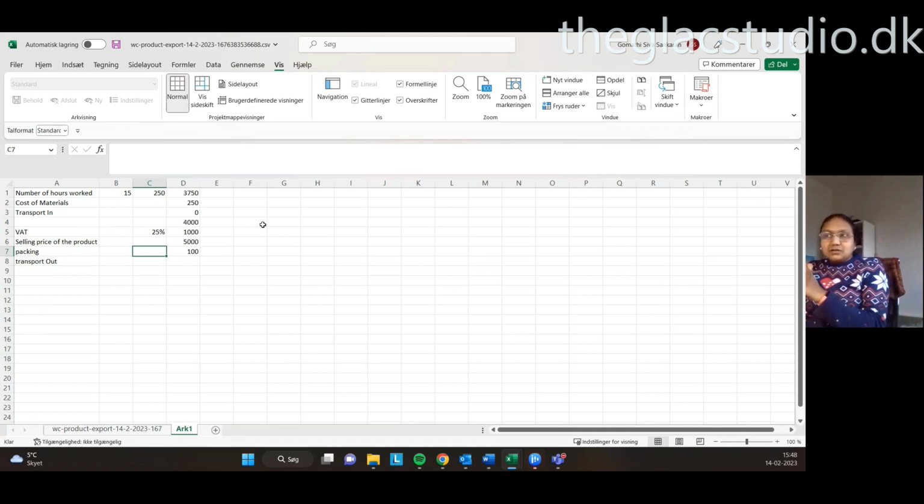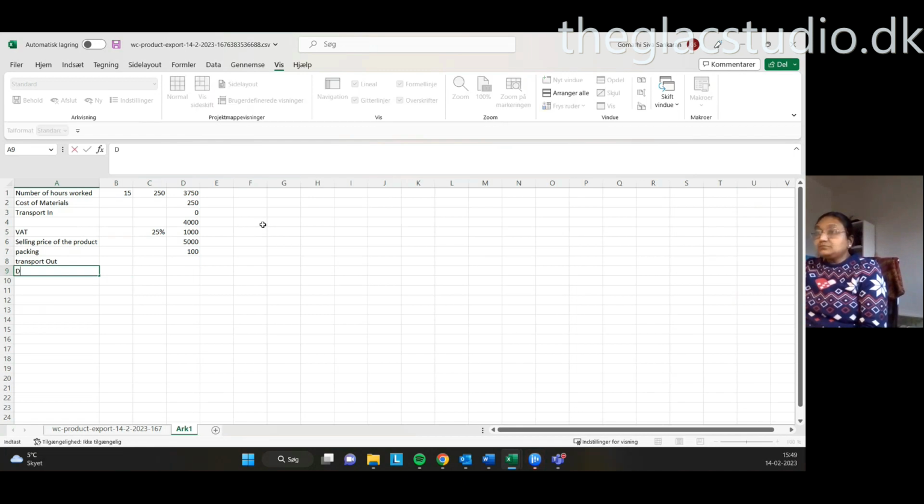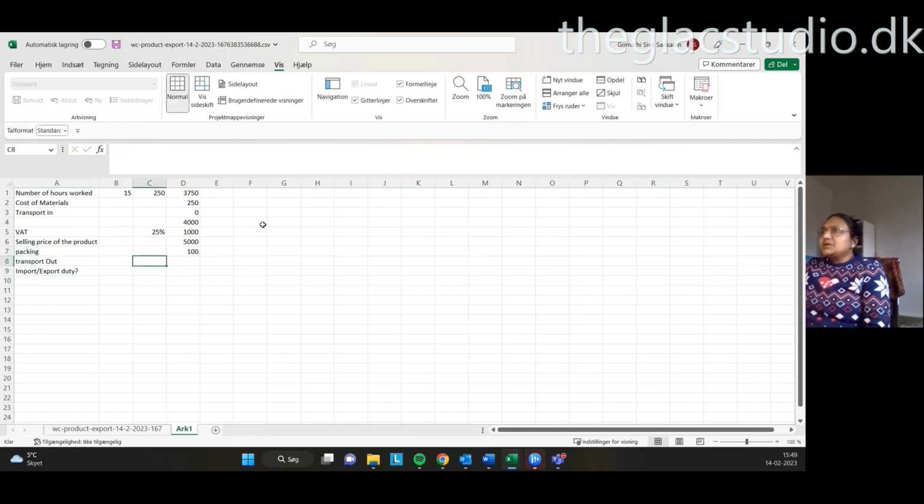So everything put together, I think this is fair enough. Good. Transport out will definitely depend upon where exactly my customer is, or if there is any import export duty involved. I will put a question mark here. And this is also a question mark because we do not know yet, isn't it?